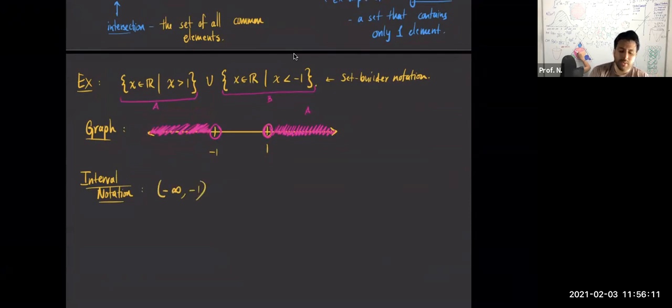And the second portion is everything from 1 to infinity, right? But then what are we doing with those intervals? We're doing a union. So this union can also be utilized in interval notation. Does that make sense?